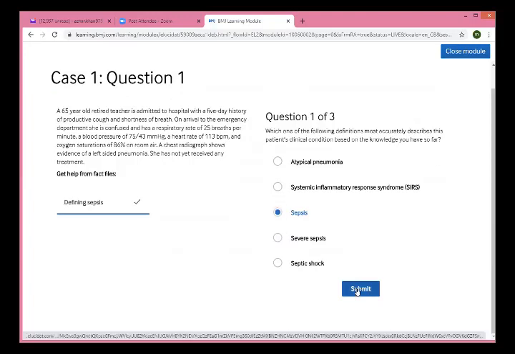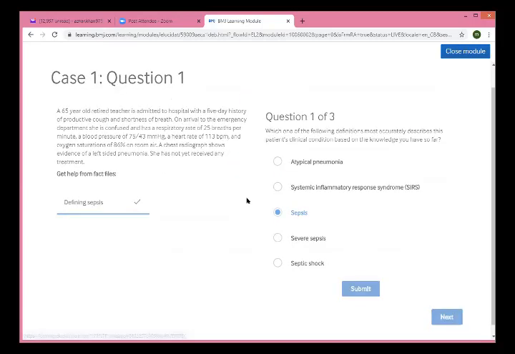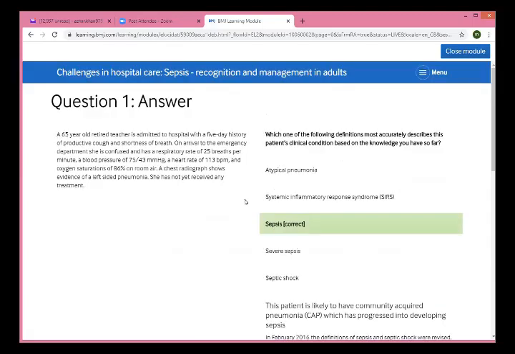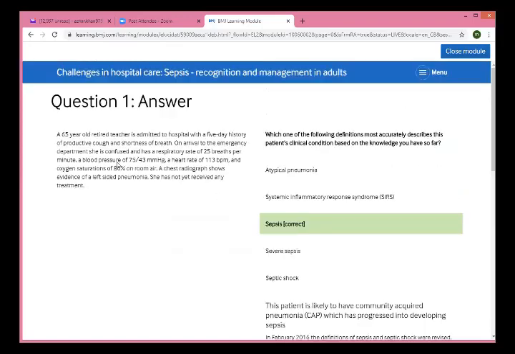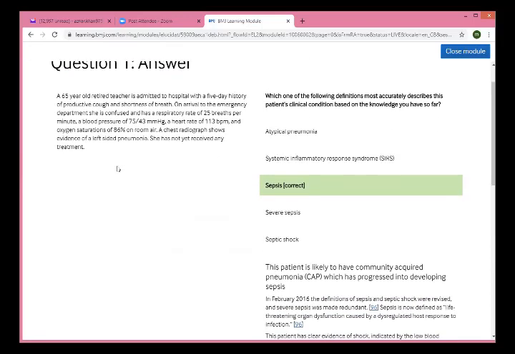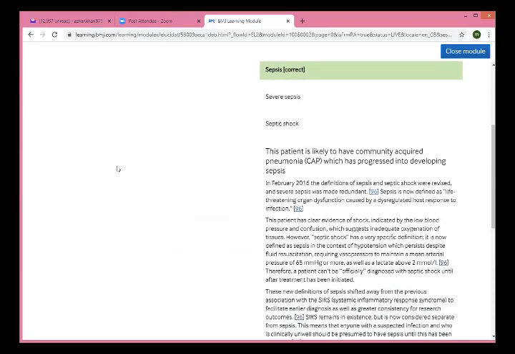So that's correct. So the patient is likely to have community-acquired pneumonia progressing to sepsis. Sepsis is now defined as life-threatening organ dysfunction caused by a dysregulated host response to infection.